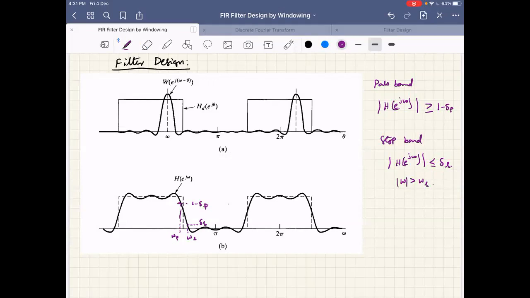Okay, this is the stop band. Fine. In between these two, the pass band and stop band, what we have is the transition band.